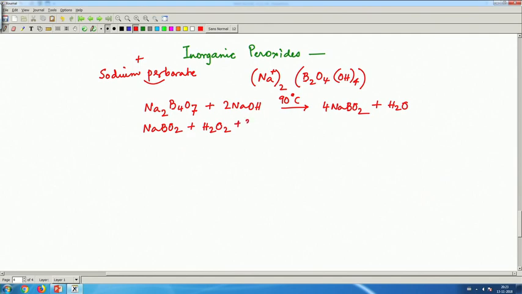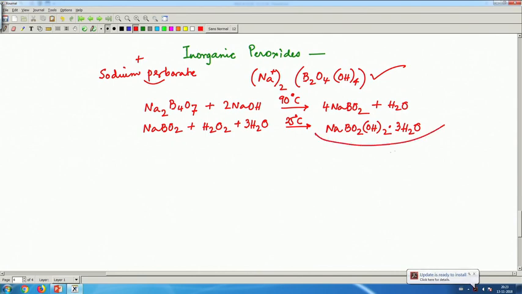This, when it reacts with 3 molecules of water at 25 degrees centigrade, gives NaBO2 (OH)2, which is half of this formula, along with the 3 waters of crystallization, and actually we get double of it.